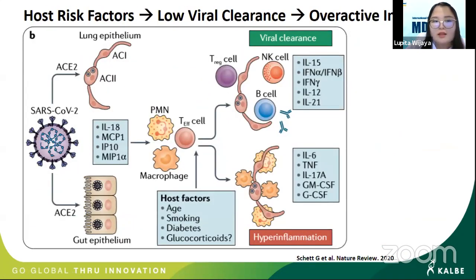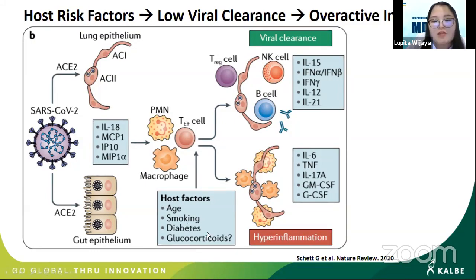And then what kinds of host risk factors can influence an overactive immune response until it becomes hyperinflammation? There are several risk factors. The first is age, mainly the elderly, and the second is smoking. The third is diabetes or another comorbid illness like hypertension and cholesterol and so on.